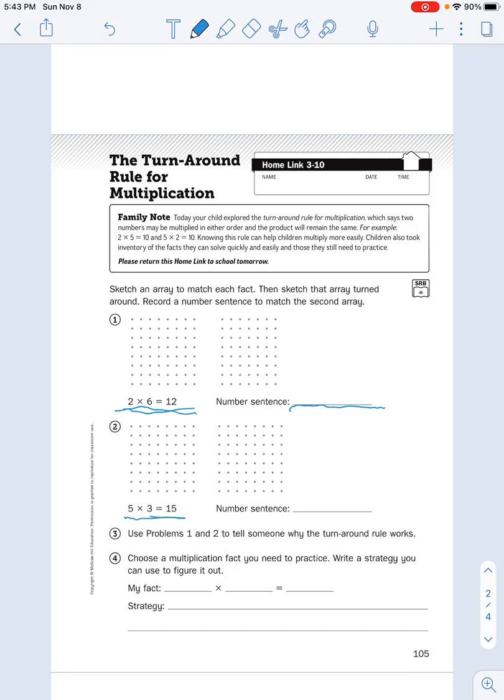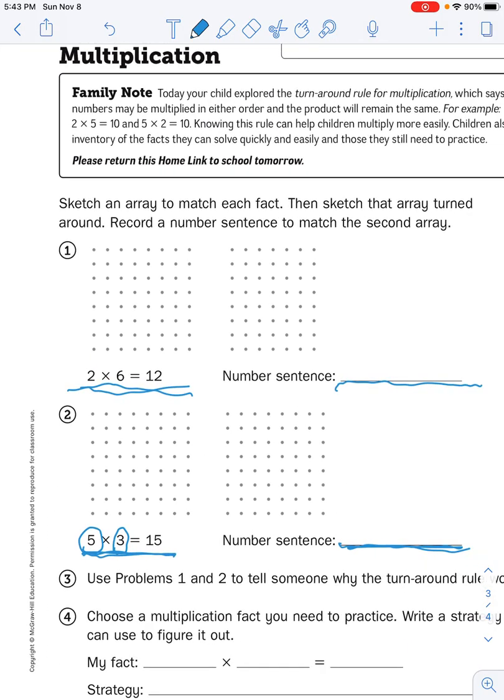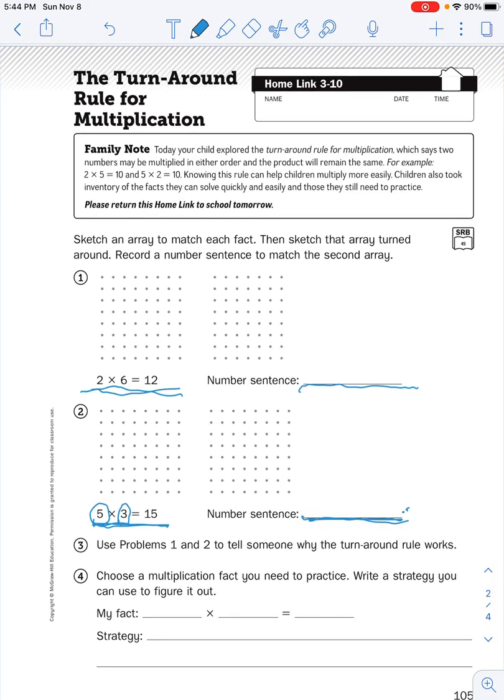And same with this one. Number 2, there's the number sentence and make the turnaround rule on that side. Okay, do your arrays just like me. The first number is the number of rows. Second number is how many are in each row. And then you'll do that the same for the turnaround rule over here.